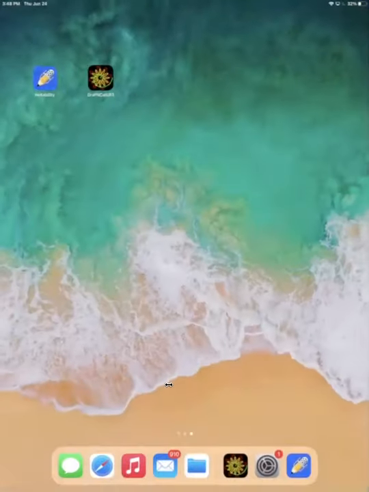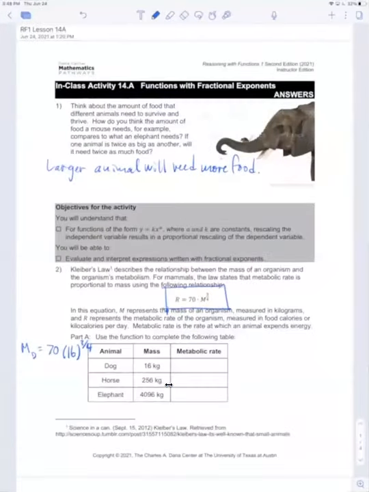Let me go back to the paper here, and I'm going to write equals 560 and put 560 in the rate there. Let's do this again. If we do the metabolic rate, this should have been an R here, sorry about that, the rate.